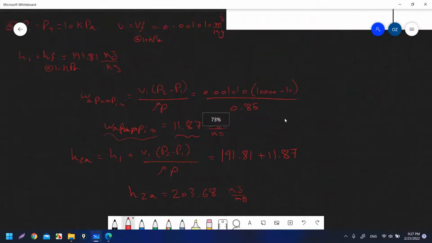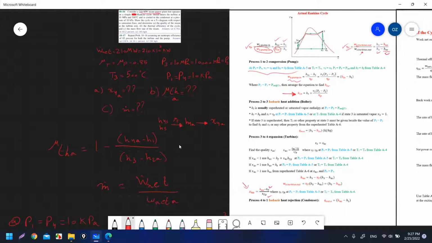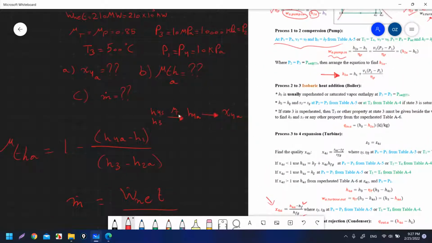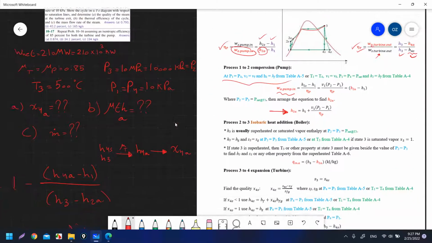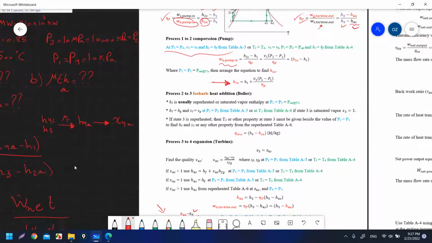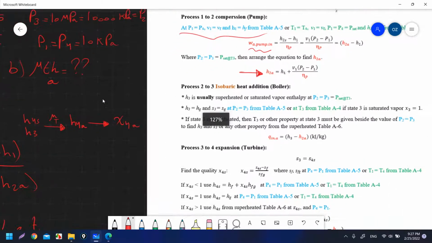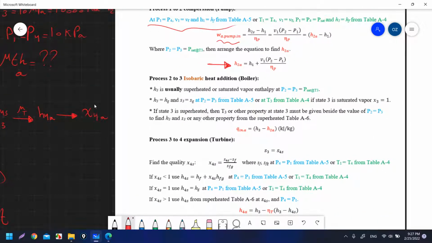Now we found H2A. We need to find H3 and H4S in order to find H4A using the isentropic efficiency equation for the turbine, and then we can get X4A. So for H3, it doesn't matter if it is ideal or actual, the same procedure. Okay, we have the pressure given in the question, so we'll use the blue one.